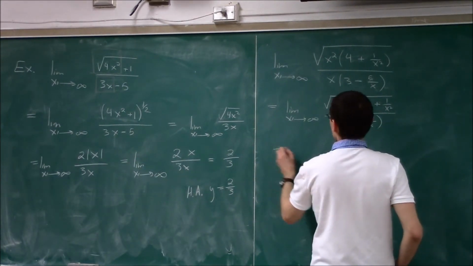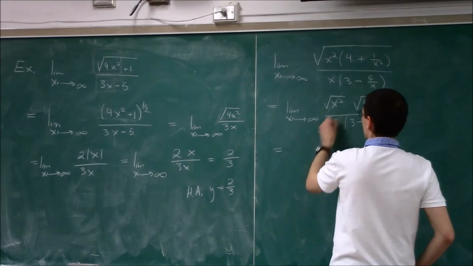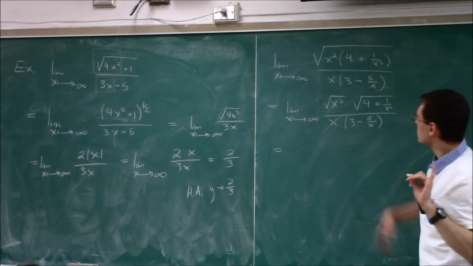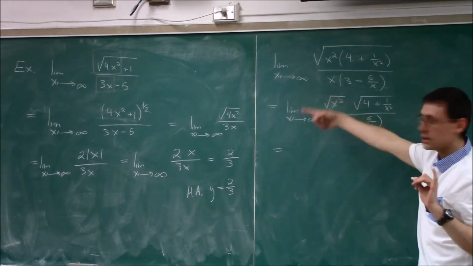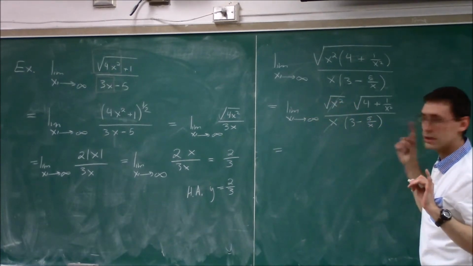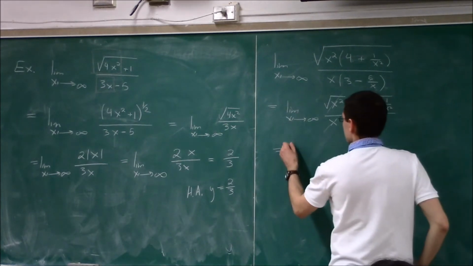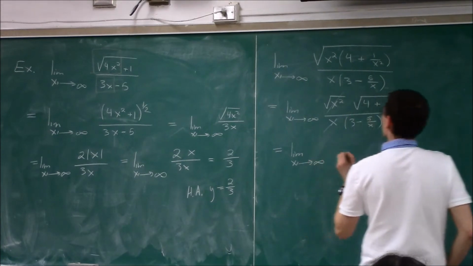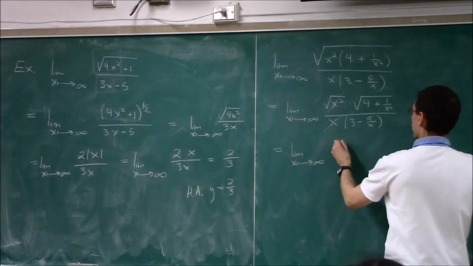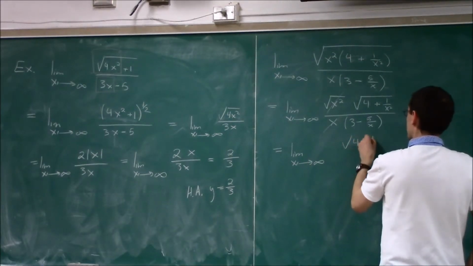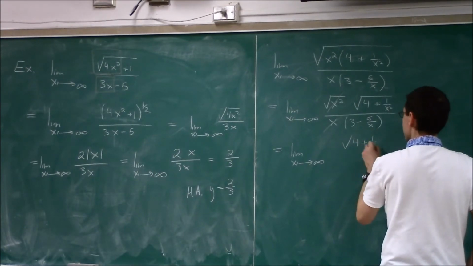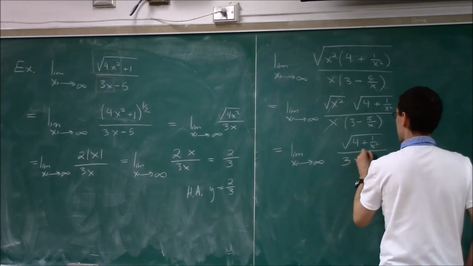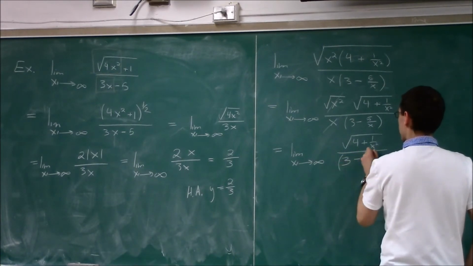Now, as it happens, I can cross out root of x squared and x. Be very careful. They are not always the same. I'm going to ask you another question in a moment, and we'll see if you will get it right. And then what you have is the limit as x goes to infinity of root 4 plus 1 over x squared, divided by 3 minus 5 over x.